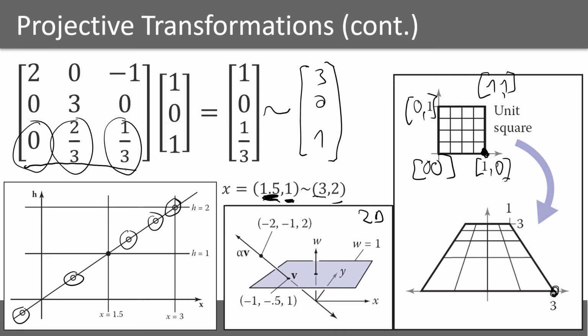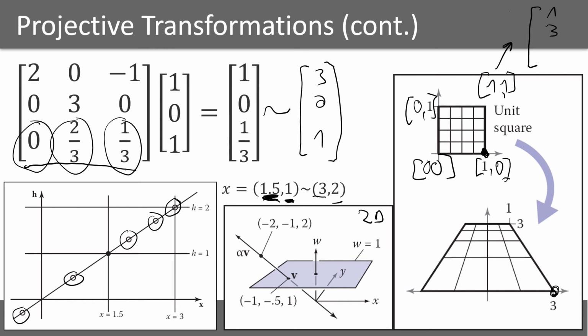It's mapped to 1 in the x coordinate, and then for the y coordinate we will have 0 times 1, and then 3 times 1 will be there, and 0 times 1 third, so it will be 3 in the y coordinate.